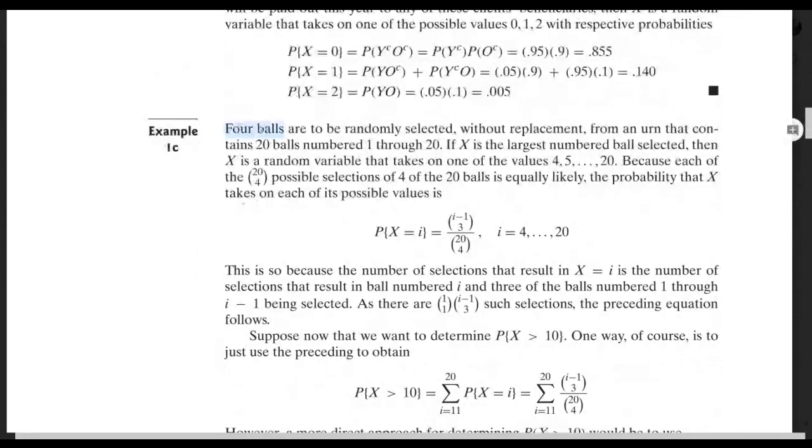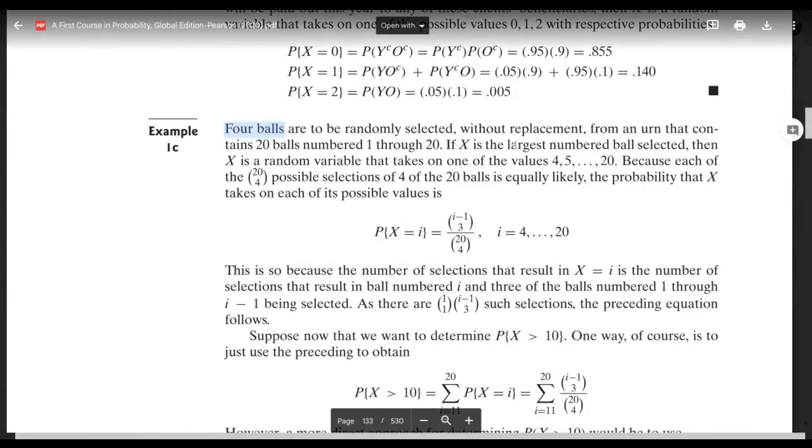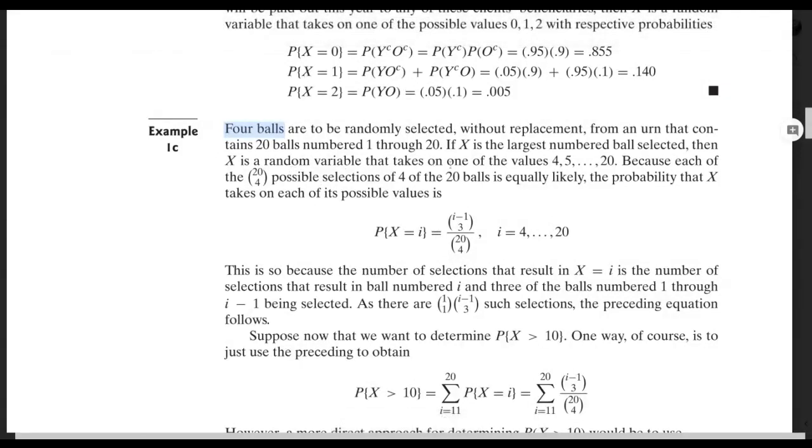Let's see C. 4 balls are to be randomly selected without replacement from an urn containing 20 balls numbered 1 through 20. If X is the largest numbered ball selected, then X is a random variable that takes on one of the values 4, 5, up to 20.